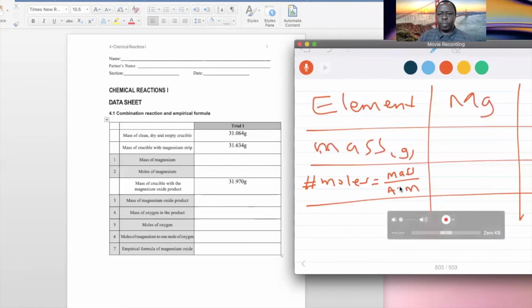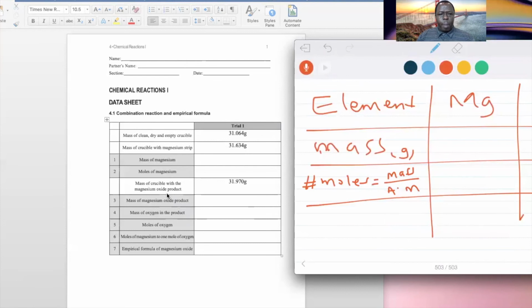You can get this value from the periodic table. This will give you number of moles of magnesium. Upon combustion, that is burning magnesium in the crucible and cooling down as per the demonstration in the video, this is the mass of the magnesium oxide. At this point, oxygen has combined with magnesium, and this is the mass.